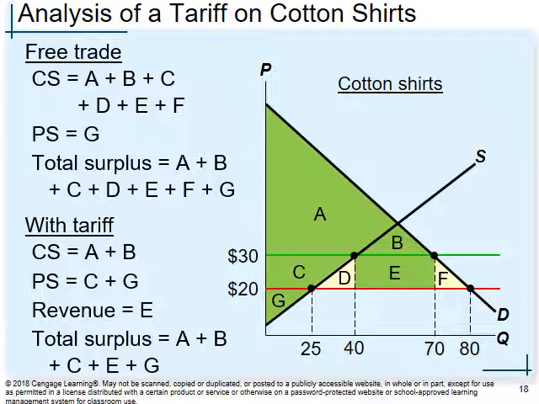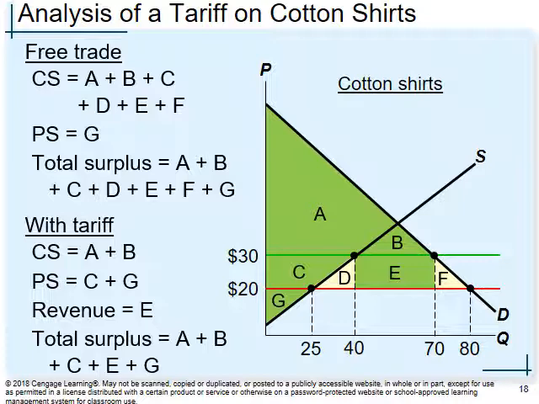So the total surplus is now the area which is highlighted in green. And as you may remember from the previous chapter, we have been talking about deadweight losses, and here you can see that the areas D and F are the two deadweight losses.